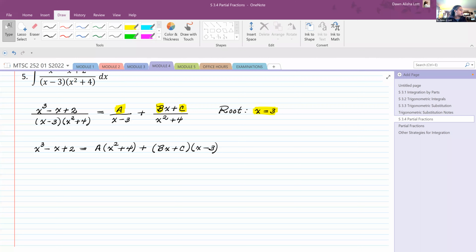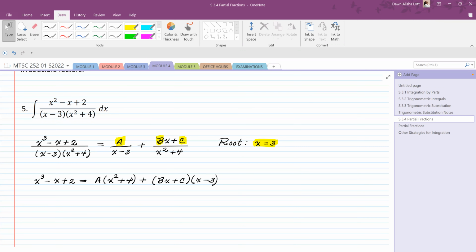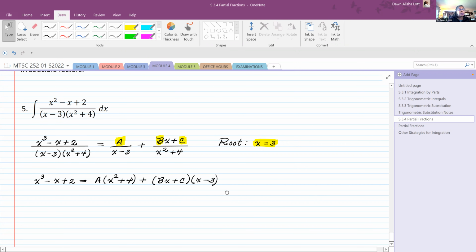Professor Locke, you did x cubed, it's supposed to be x squared. Like the original equation says x squared minus x plus 2, and then you rewrite the equation as x cubed minus x plus 2. Are you talking about the last problem?